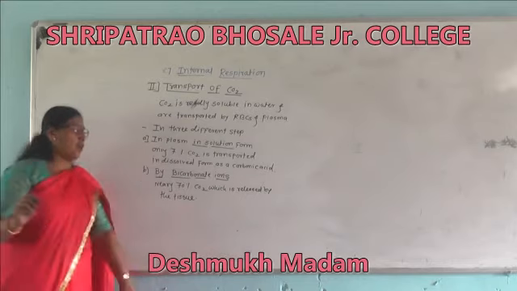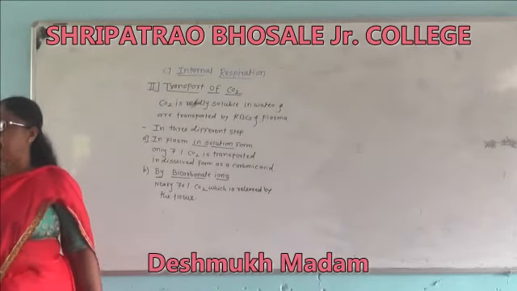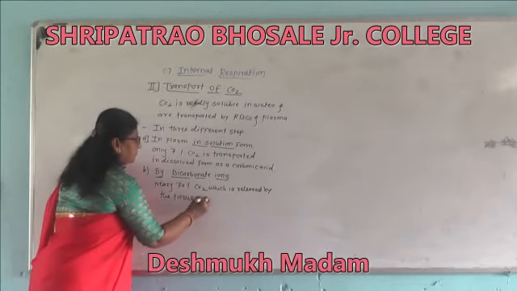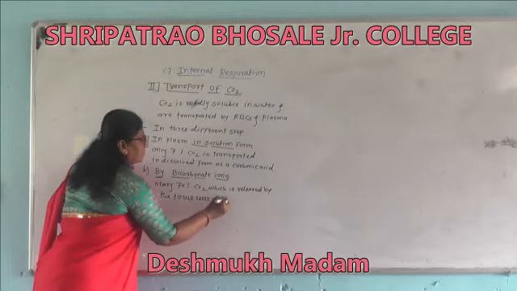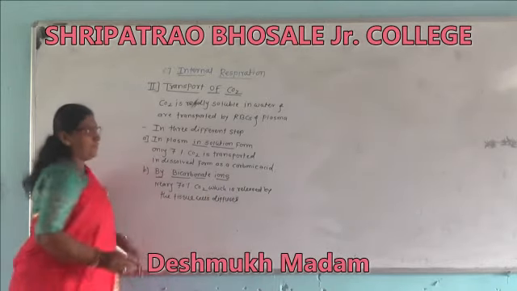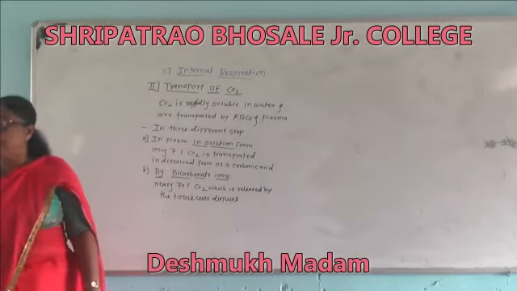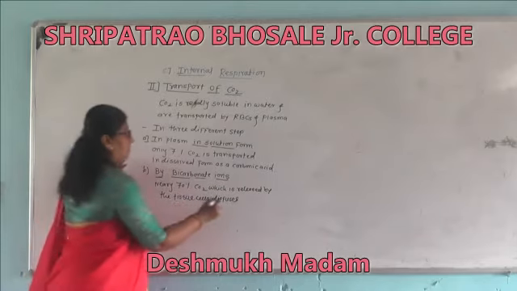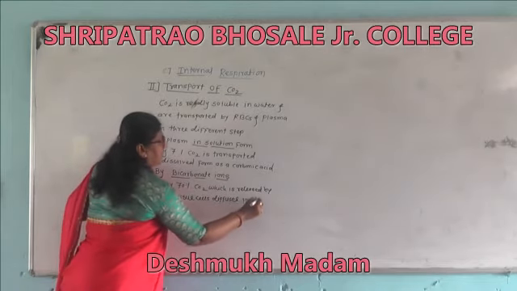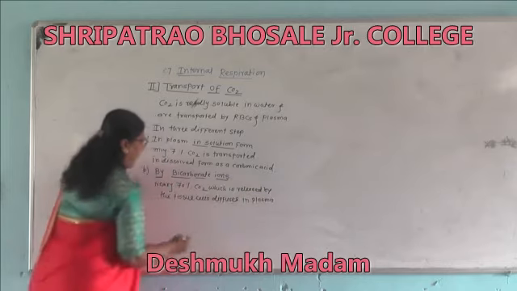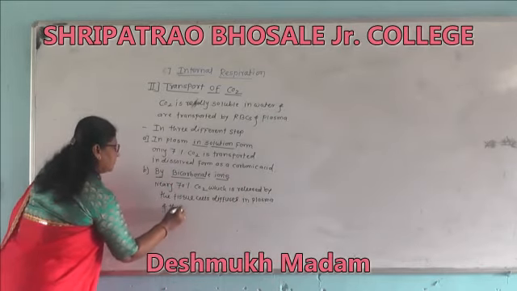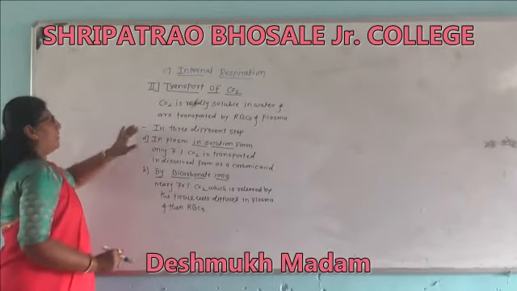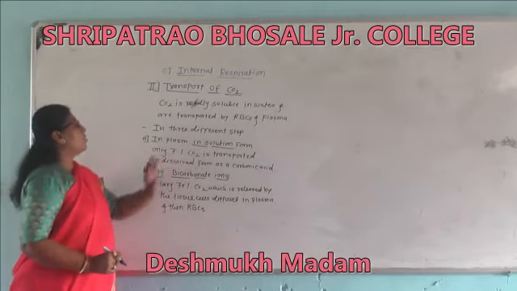Nearly 70% of the CO2 released by the tissue cells diffuses into plasma and then into the RBCs. The first step is the solution form.